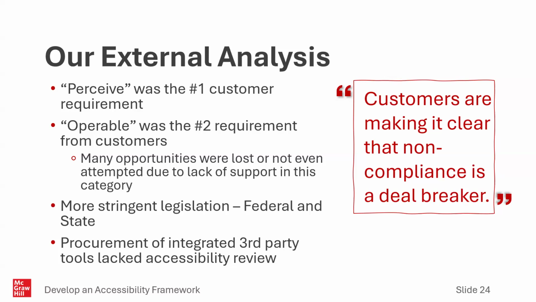Number two was, I need to use it with my keyboard. When we say operable, that was the only thing they mentioned: keyboard. This is what we need. And it was interesting because a lot of our engineers didn't realize that using a keyboard without a screen reader versus using a keyboard with a screen reader is a different experience. You do different things. And that was not well known.